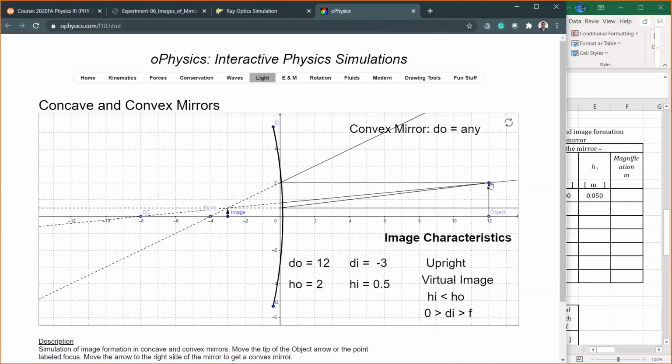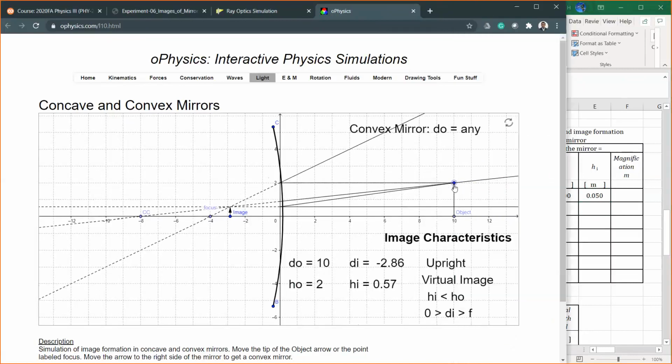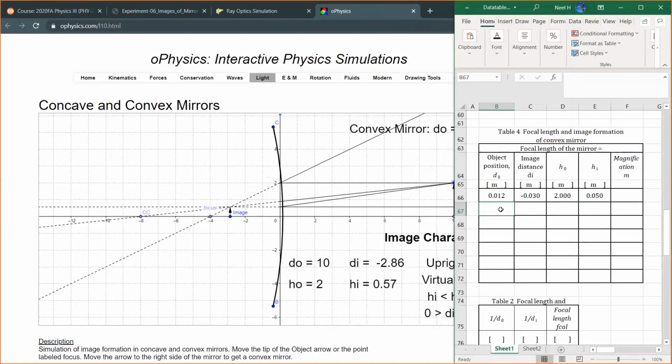Then let's do the same thing. Let's go to the 10 centimeter location, 0.10. The earlier one should be 0.12, which is 12 centimeters, and the image is at negative 2.86.